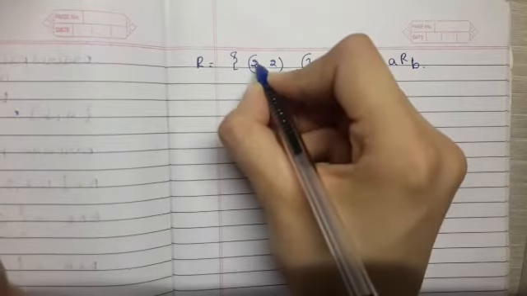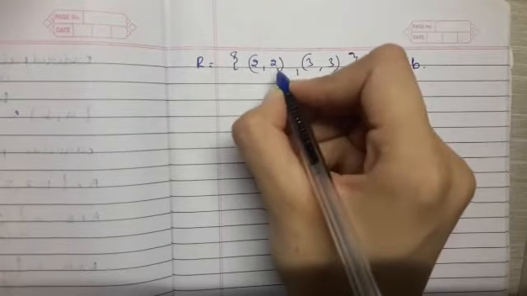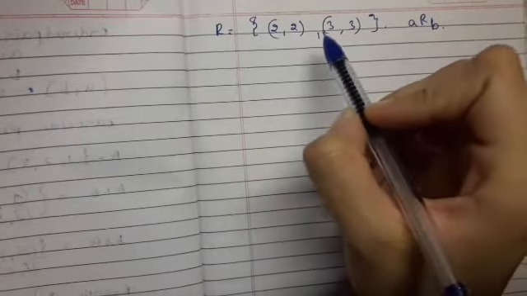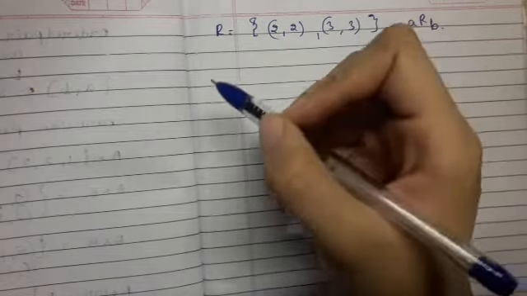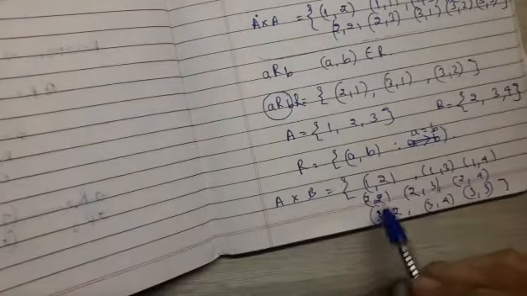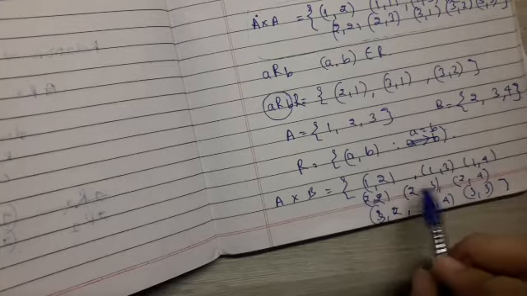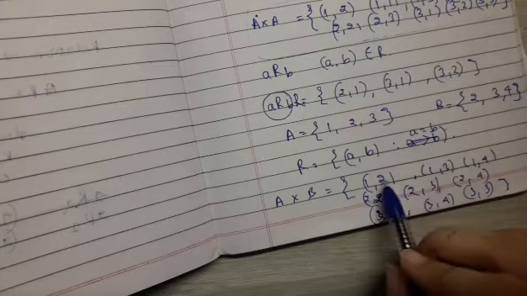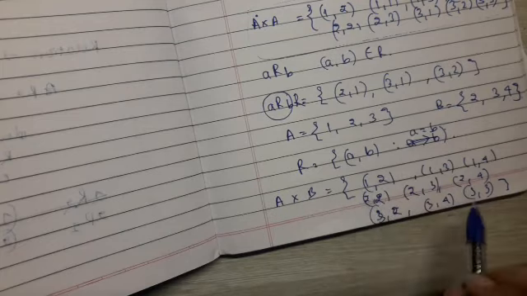Because we have the input value of 2, we are finding a b such that a is equal to b, which is why we call the first components the domain, because we cannot have values in the domain for which there is no value in the codomain. That is the second component. You can see here in the Cartesian product, we can only have the domain as 2 and 3 because 1 does not have any value in these ordered pairs where a is equal to b, which is why the input values can only be 2 and 3.